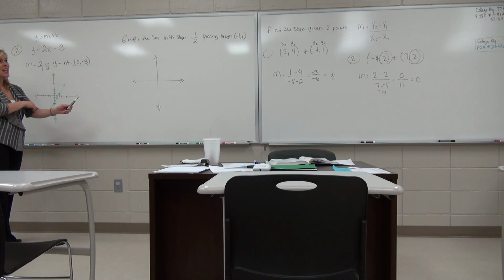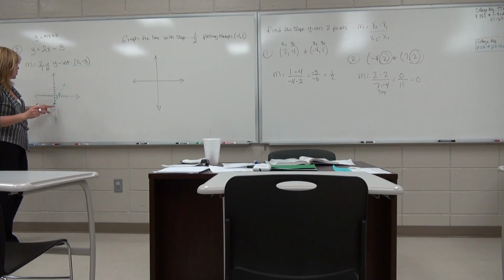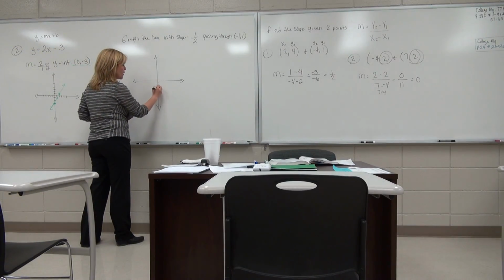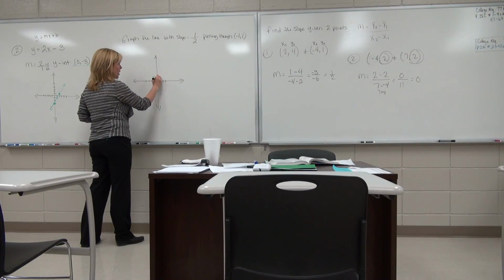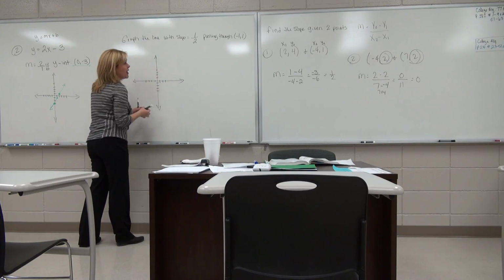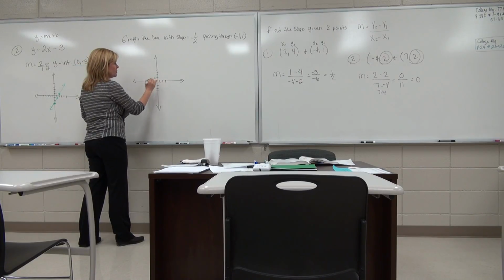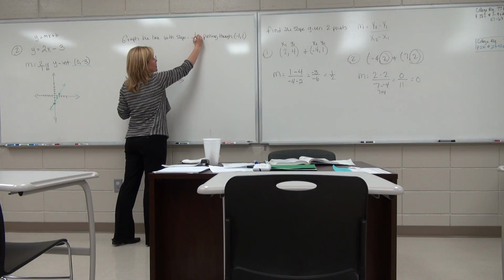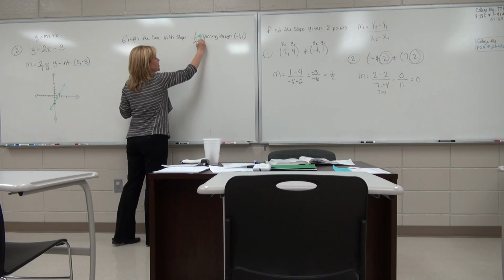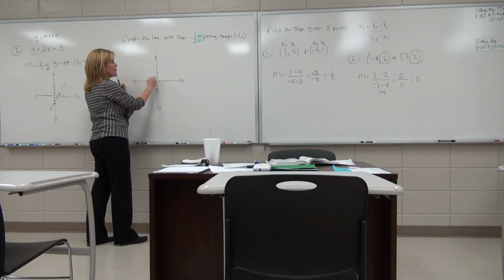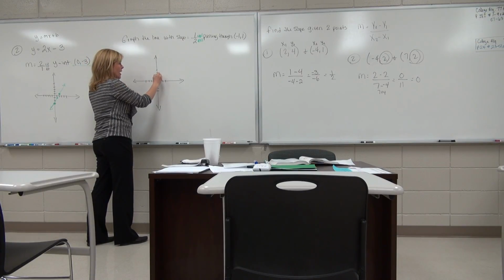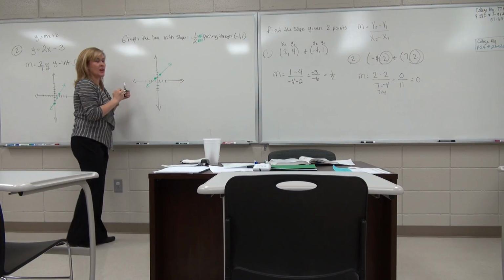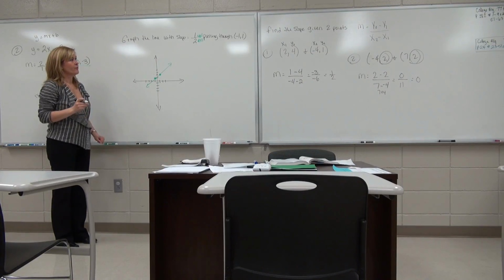Your slope is the same regardless of what point you start from. You don't always have to start from the y-intercept. So if we wanted to graph this one, you do just like we did on the other ones. You plot the point you're given first. So you plot that point, (-1, 1). And now you do your slope. Your slope is 1/2. So what does that mean you're going to do here? Up 1 to the right 2. So from this point, that means I will go up 1 to the right 2. And you have your line for that one.